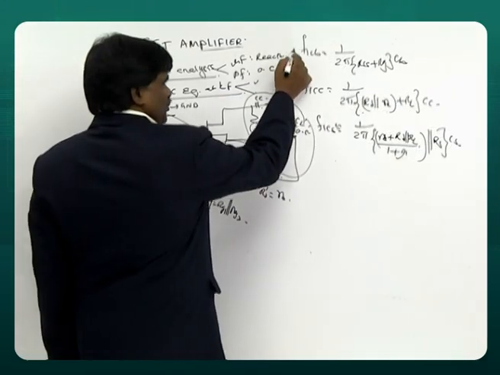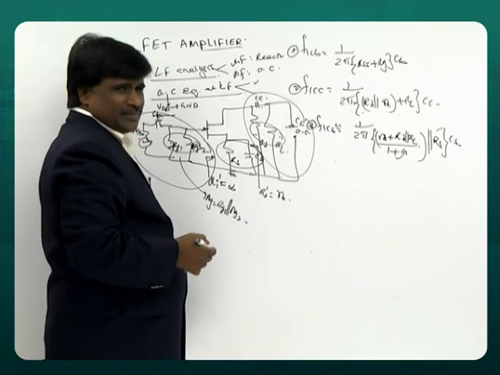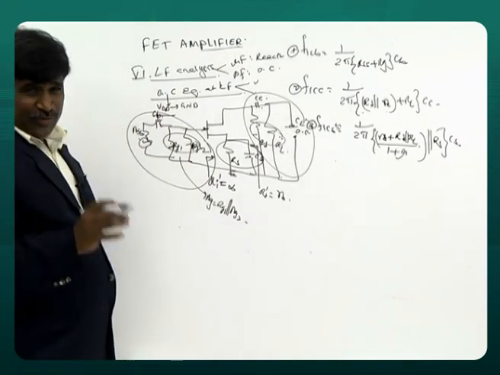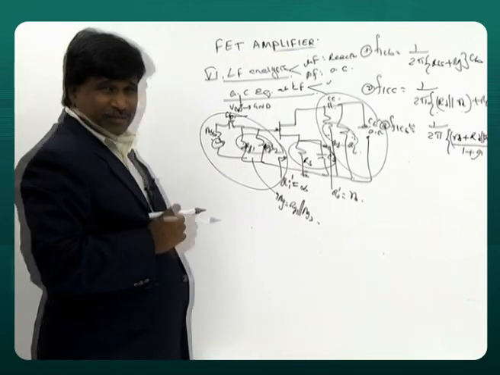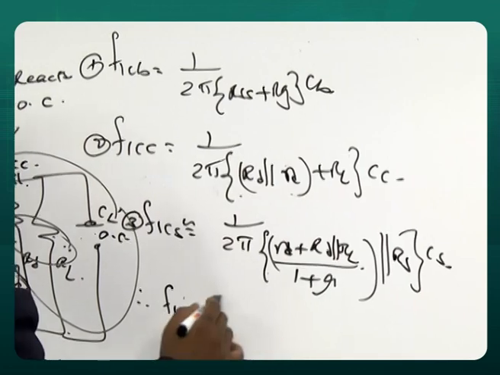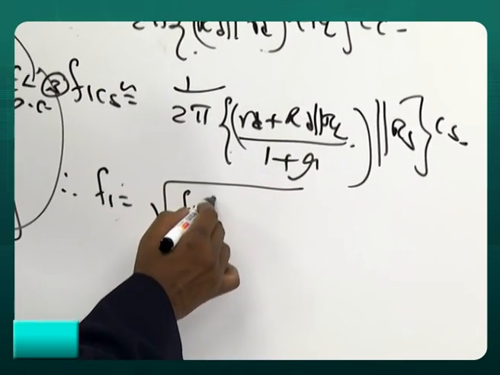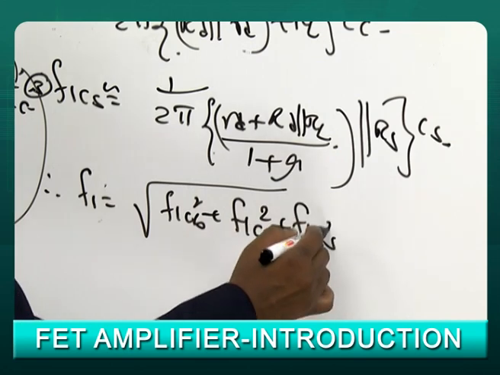So F1 due to CB, F1 due to CC, F1 due to CS. But if you see in the diagram, frequency response, you saw only one F1. That means you can't have 3. Therefore, F1 is root of F1 CB square plus F1 CC square plus F1 CS square.